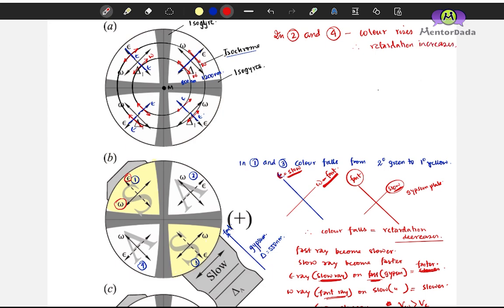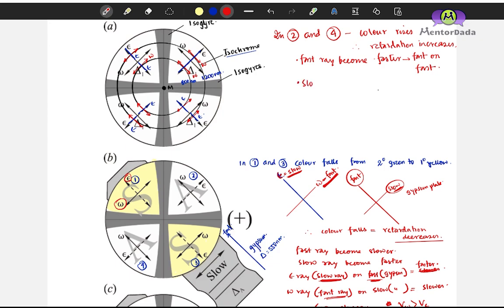Okay, color rises means the retardation increases. So when retardation increases, when your fast ray becomes faster, it will happen when the fast vibration direction of the mineral is superimposed on the fast vibration direction of the gypsum plate.